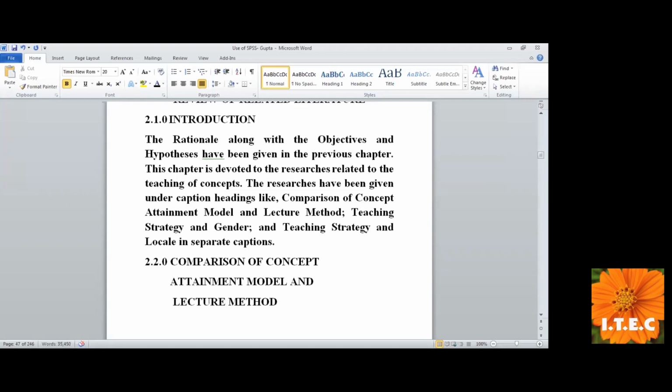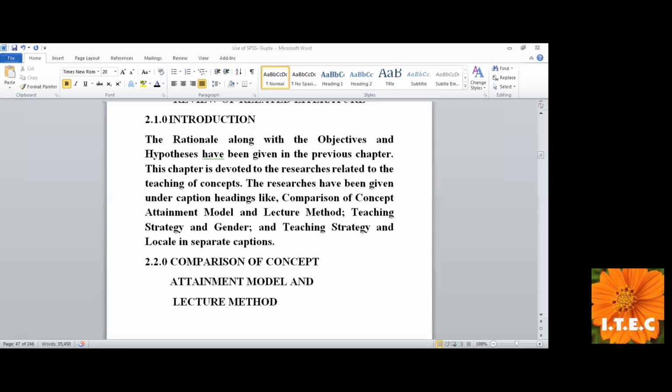Now, my dear friend, when you write the caption heading, it should not go up to the width of the paper. You have to break in between. Because if you do not break in between, then it will be difficult for the reader to differentiate between the text and the heading. So it is important that you must differentiate.